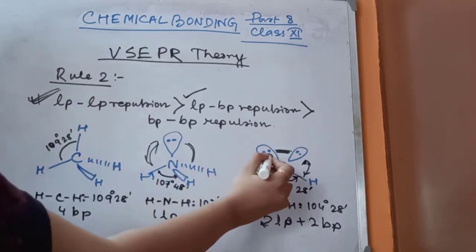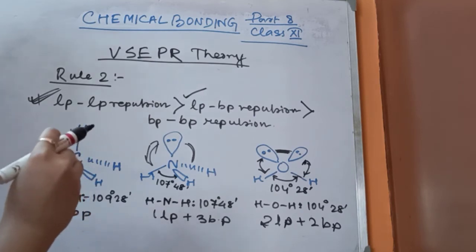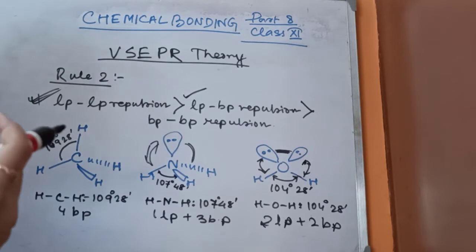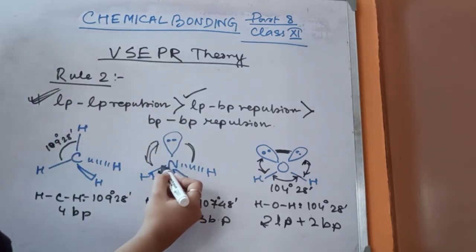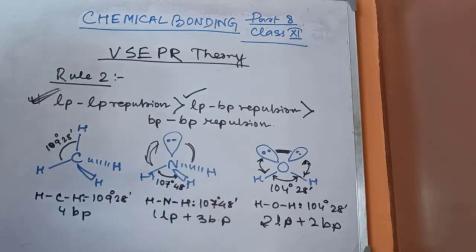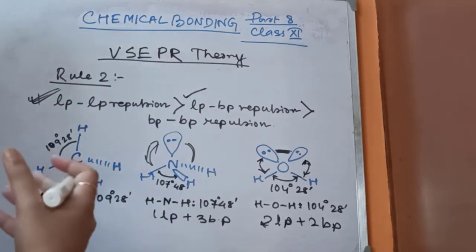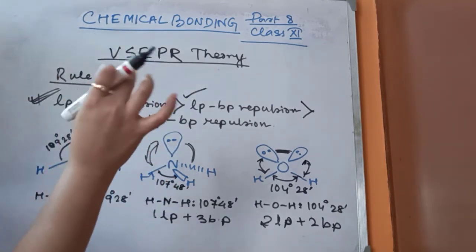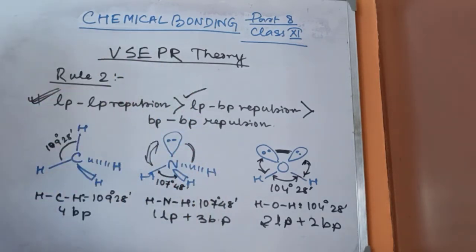These two lone pairs are concentrated only on oxygen because they are the electrons of oxygen only. But the bond pairs are shared between the two atoms. This bond is formed by sharing of electrons between hydrogen and nitrogen. So bond pairs are basically the shared electrons between the two atoms, and the repulsion between the lone pairs is much greater than that between the bond pairs.